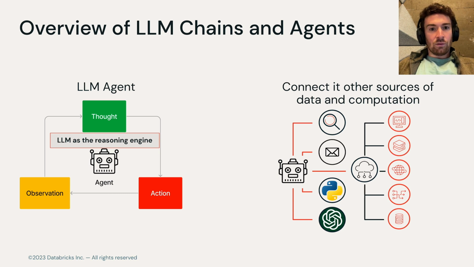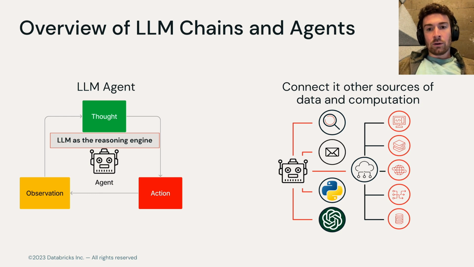So first, an overview of LLM chains and agents. The core idea of this is using an LLM as the reasoning engine. So we'll use the LLM to determine how to interact with other sources of data and computation, but crucially, we will use those sources of data and computation for their knowledge rather than using the knowledge that's present in the LLM.